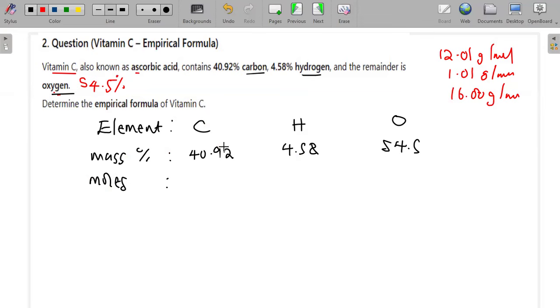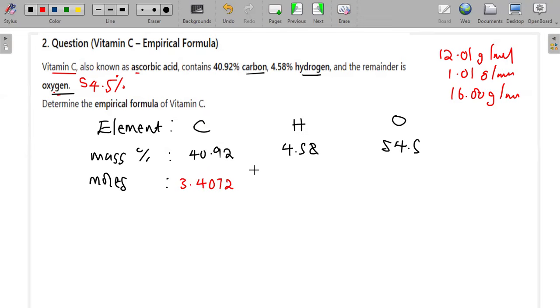So I'm just going to divide each of these by their molar masses. I'll do it on the calculator and then write the moles here. For the carbon, it's 40.92 divided by 12.01. The numbers that I'm getting on the calculator, I'll be writing them to 4 decimal places. So the moles here, when I divide this by 12.01, it's 3.4072.